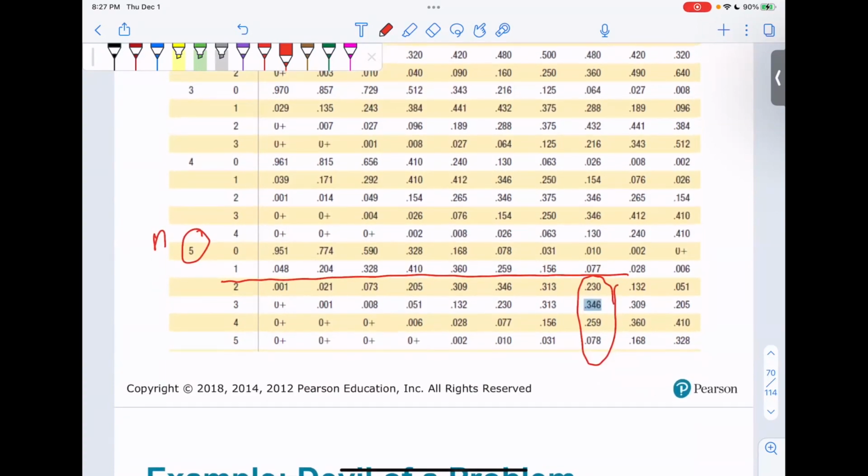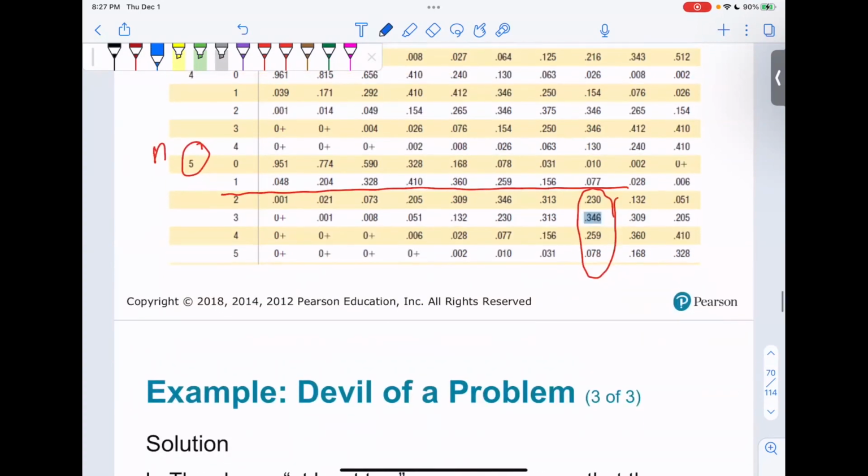So from 2, 3, 4, 5. Now, if you look at all the values from 0 to 5 and add them together, they will equal 1, right? So either we add this plus this plus this plus this, or we take 1 minus the first 2 values, using the complement.